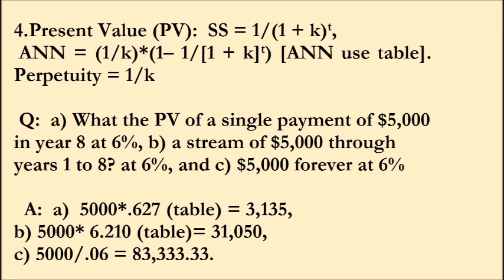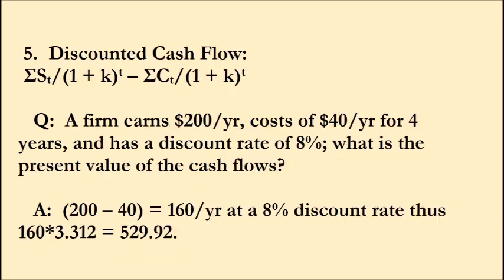And of course, present values can be applied to something relevant, such as a discounted cash flow. Maybe you have monies coming in, monies going out. Let's take the present value of each of them. A firm earns $200 a year, has costs of $40 a year for 4 years, and the discount rate is 8%.